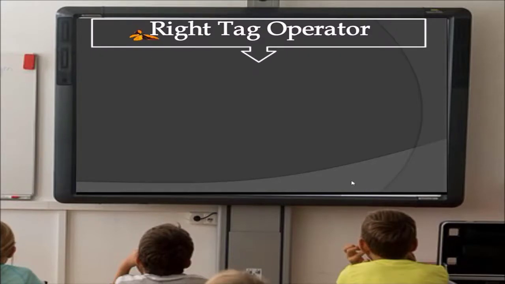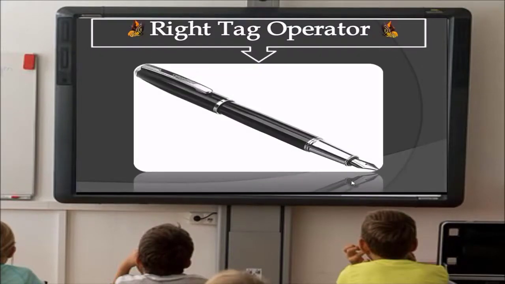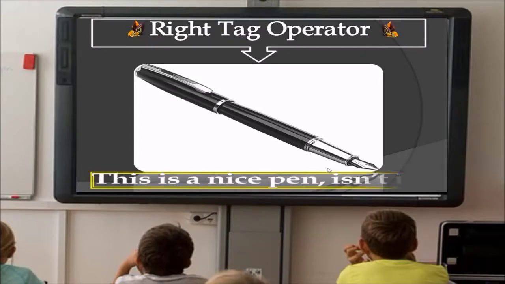Right tag operator. This is also a picture. What is this? Wow, this is a nice pen, isn't it? Look at, the subject of the statement is this, and the subject of the tag will be it.